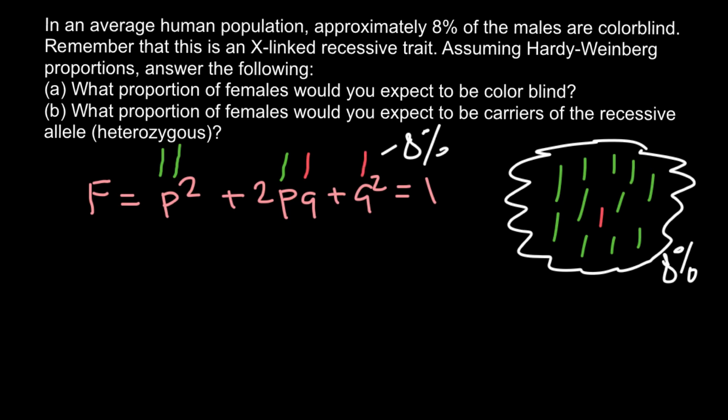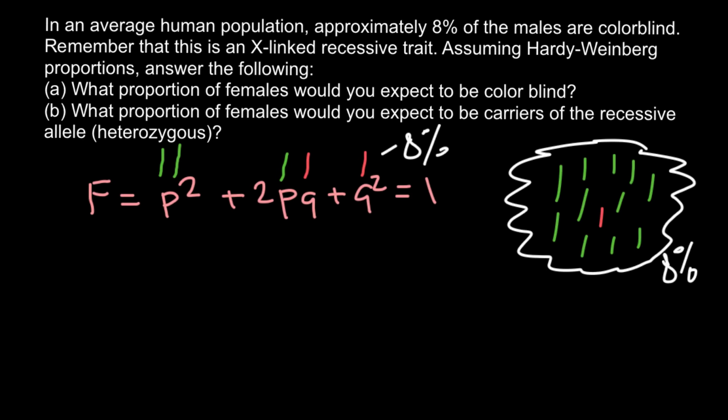So now we can solve for females, who have two X chromosomes. None of these genotypes would be a male genotype, because males do not have two X chromosomes. According to our problem, we have to find what proportion of females would be colorblind.